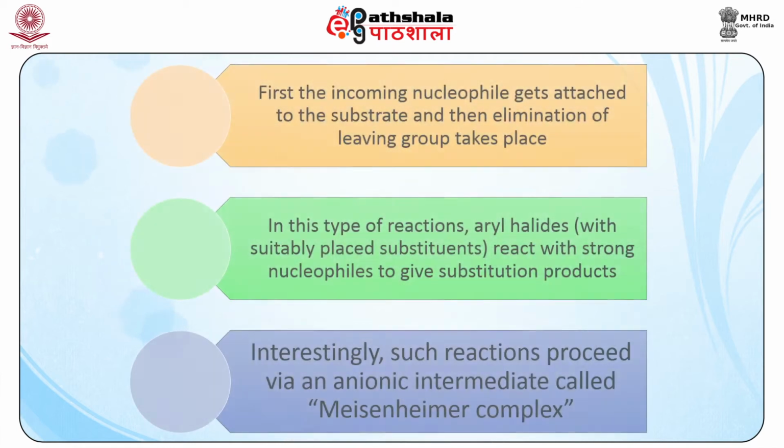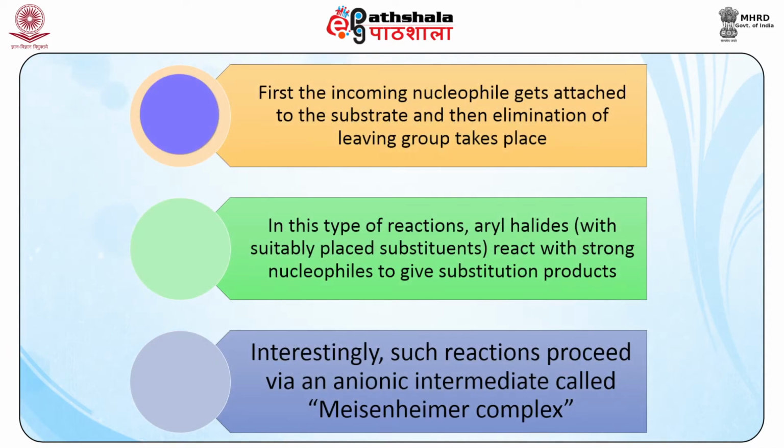The SNAr mechanisms follow an addition-elimination step, as you may recall from the previous modules, where first the incoming nucleophile gets attached to the substrate and then elimination of the leaving group takes place.